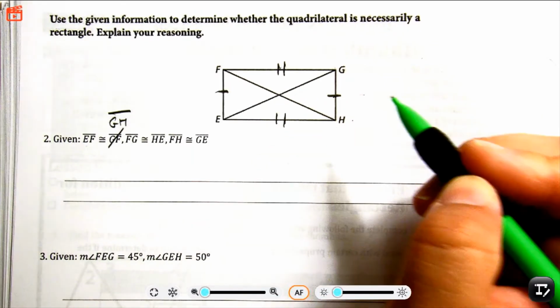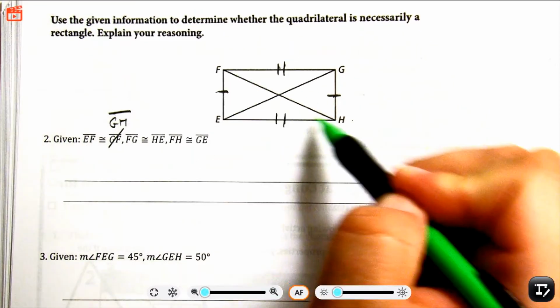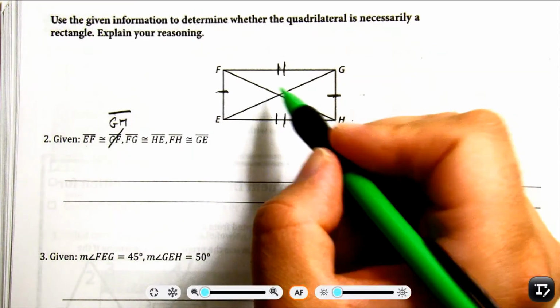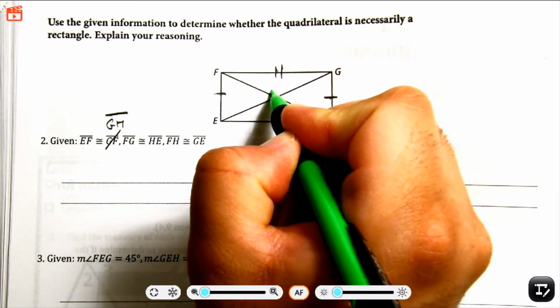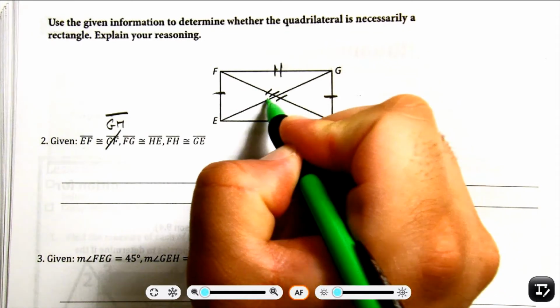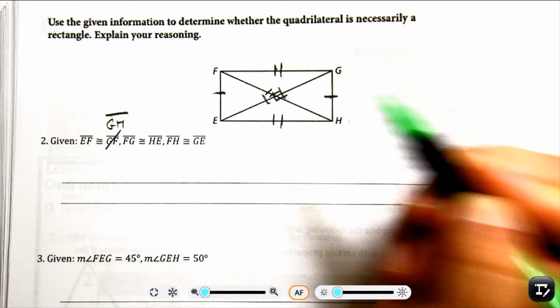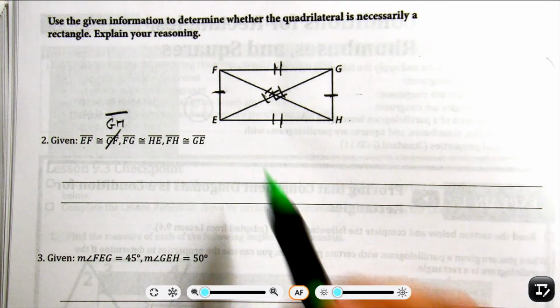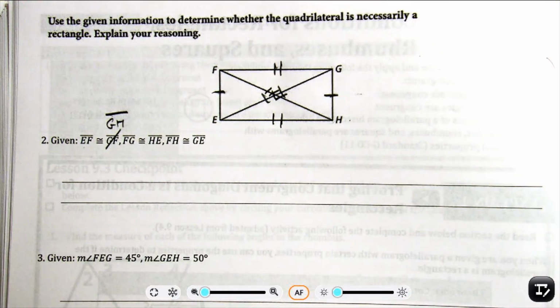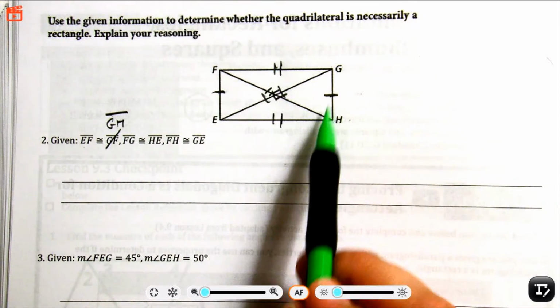And lastly, FH is congruent to GE. So I'm just going to write 3 tick marks here, congruent to 3 tick marks here. Of these statements, which one proves that this quadrilateral is a rectangle?